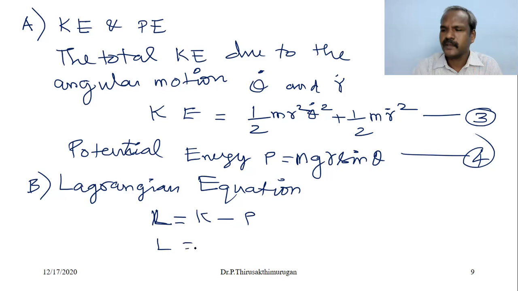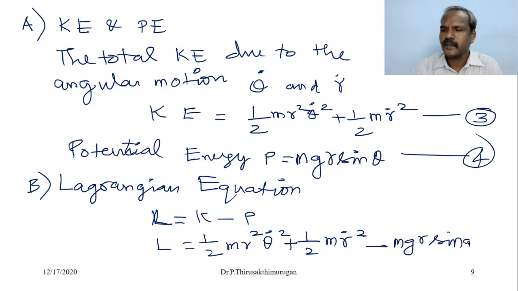So L equals half m r squared theta dot squared plus half m r dot squared minus m g r sin theta. Say equation number 5.